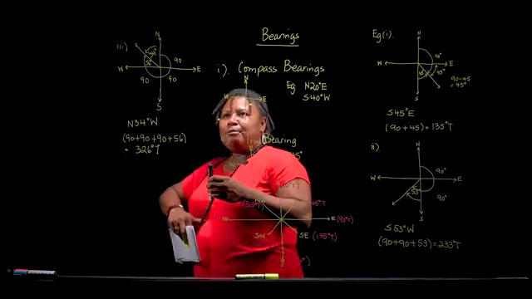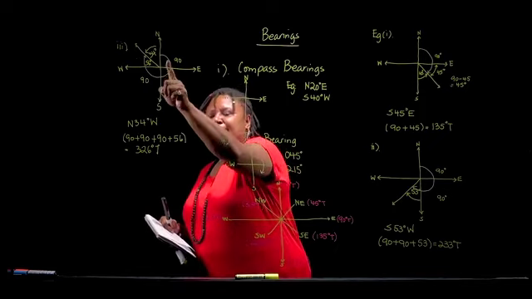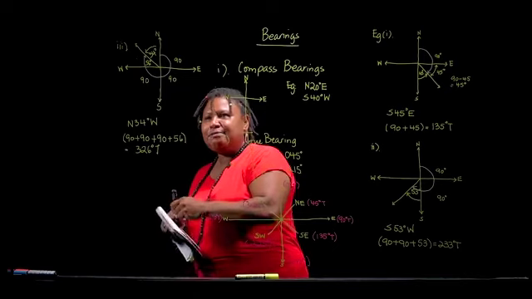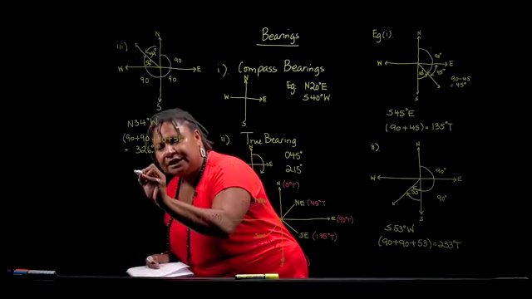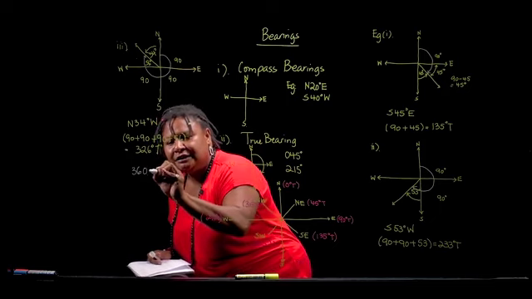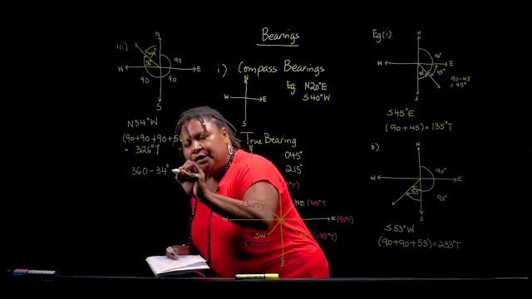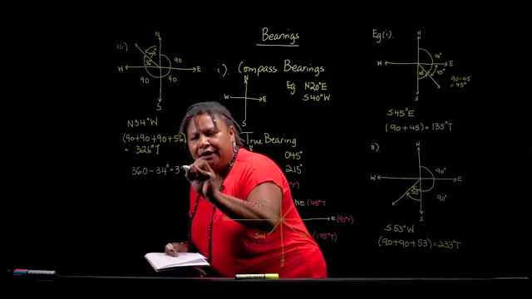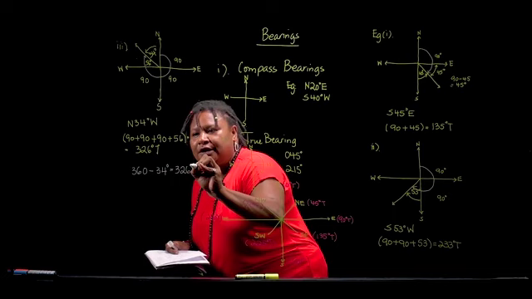Now, you can also do subtraction, which may be a little bit easier. And for some of you, you've probably noticed this as well. Instead of adding all the angles I have covered, I can simply subtract 34 degrees from 360, which will also give me 326 degrees.